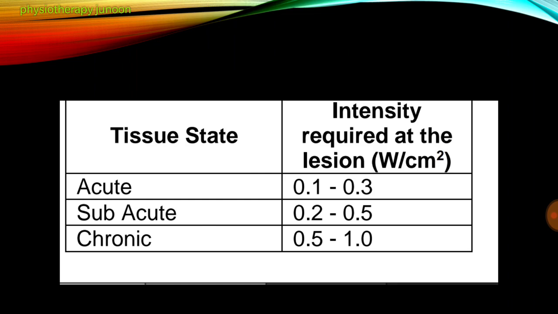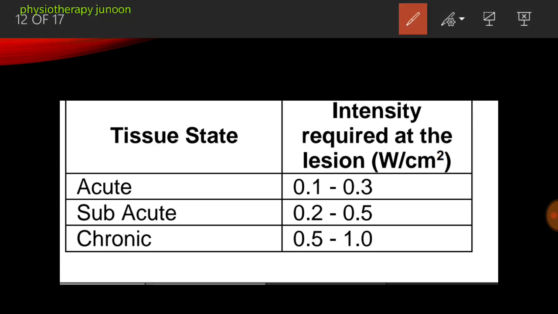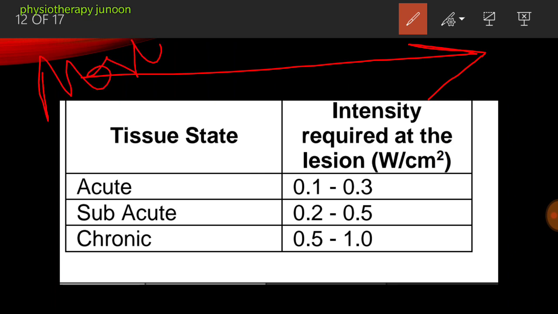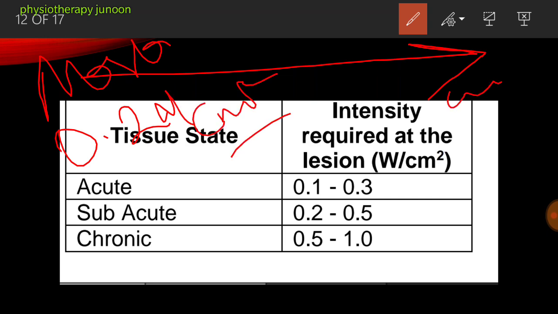Here we see diagrammatically that this is also increasing, like in the most acute cases 0.2 W/cm², and in chronic cases what you see is 0.7 to 1 W/cm².